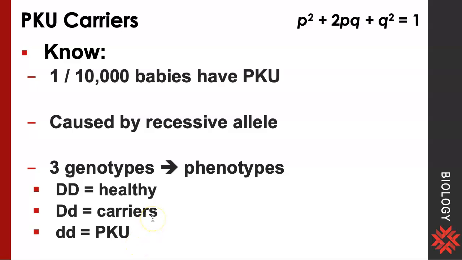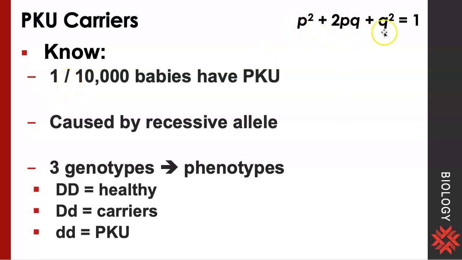Okay, so then, with this information, we know that 1 out of every 10,000 babies have PKU, and now we know that it's that homozygous recessive genotype that means that the organism has PKU. So that must mean that our homozygous recessive genotype is what's going to equal 1 out of every 10,000.